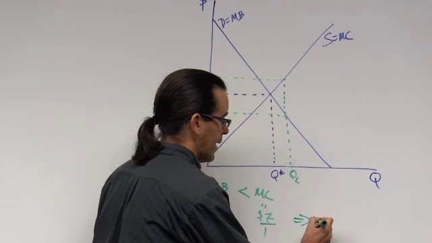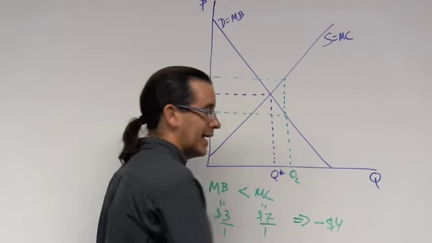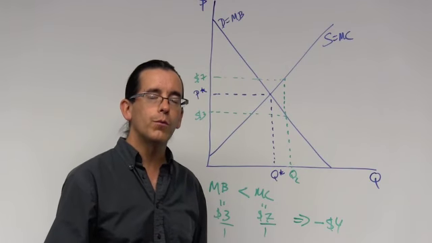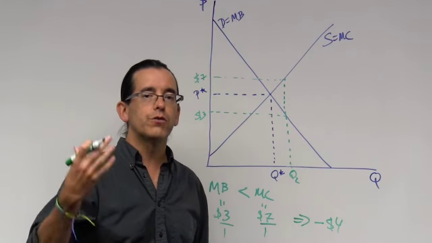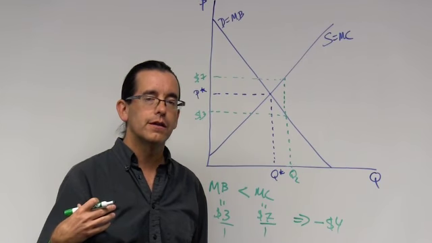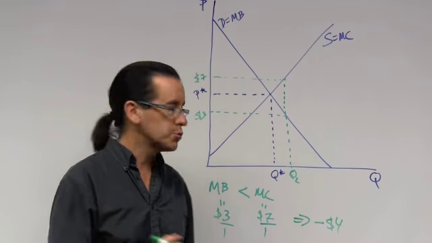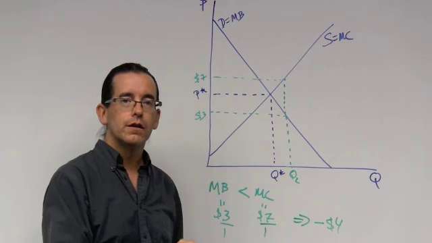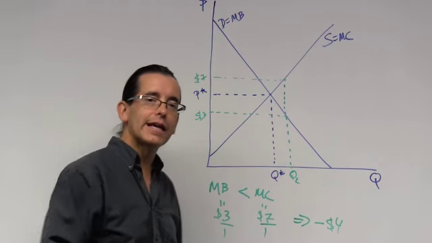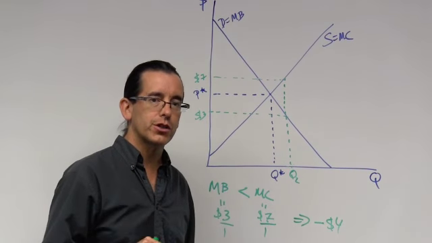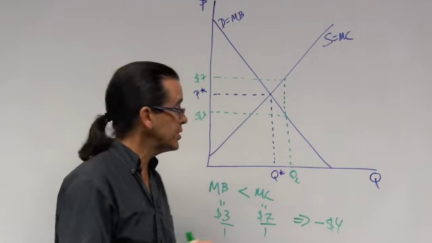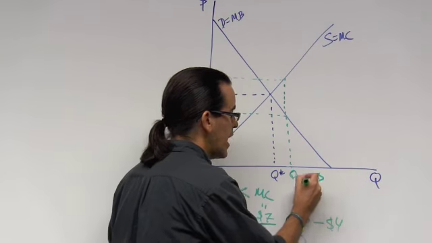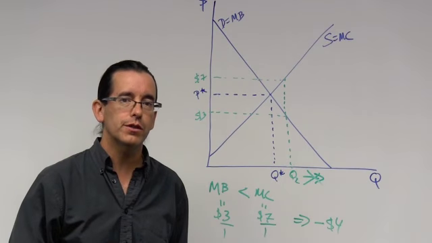As a result of consuming one more unit of the good, we're actually going to reduce our net benefit by $4, because we're spending more than what we're going to get out of that additional production and consumption. Okay? So definitely, we do not want to increase our consumption.